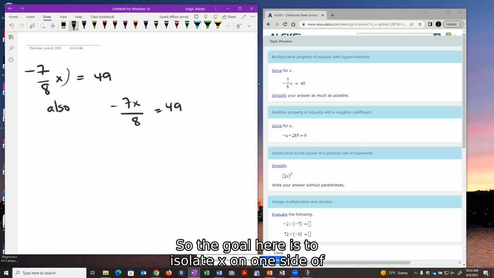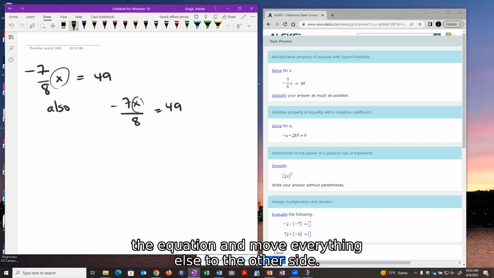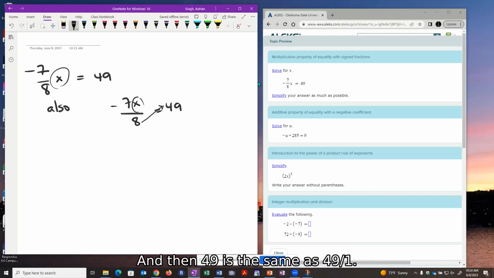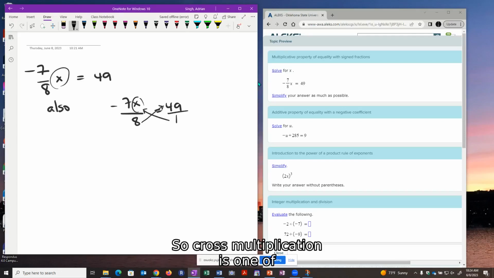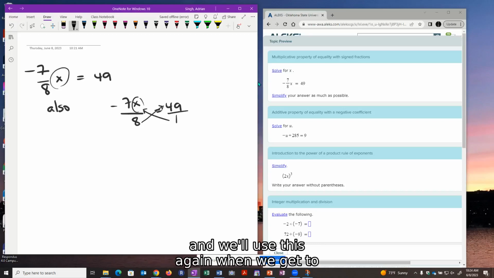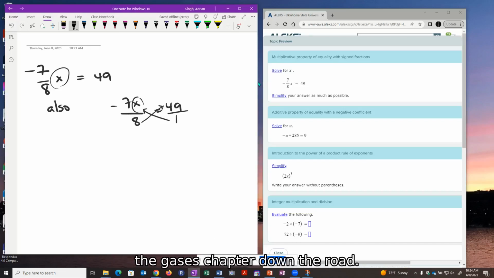So the goal here is to isolate x on one side of the equation and move everything else to the other side. What we can do is cross multiply this way, and 49 is the same as 49 over 1. Cross multiplication is one of the tools that you can use in math, and we'll use this again when we get to the gases chapter down the road.